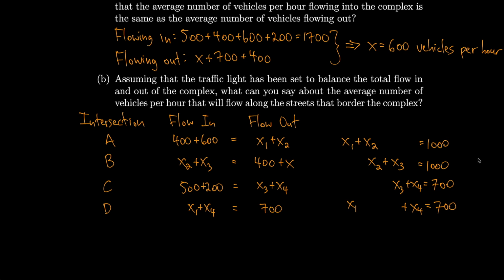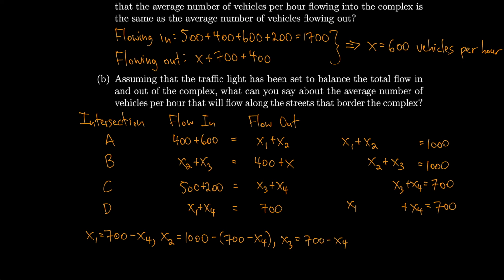Okay, so if we want to solve for each of these variables, let's see, we could take x1 and set it equal to 700 minus x4. We can set x2 equal to 1000 minus 700 minus x4. And we could set x3 equal to 700 minus x4.